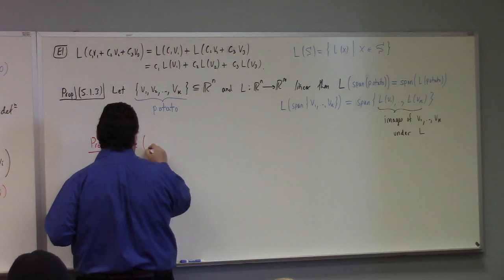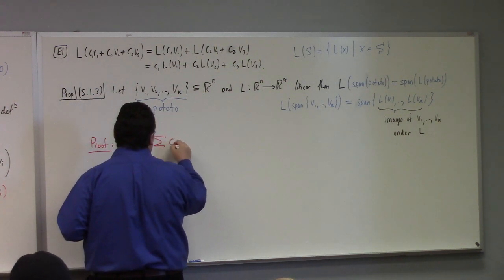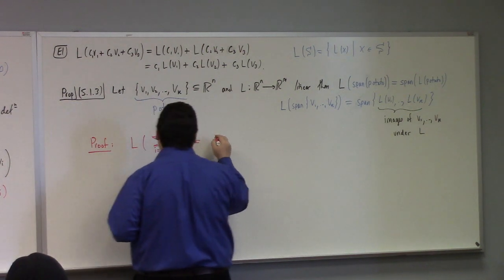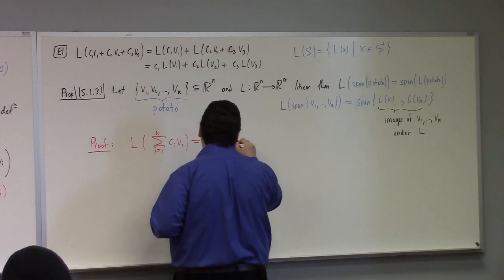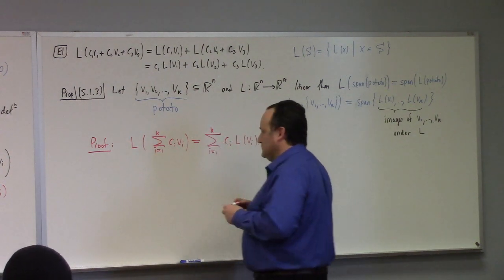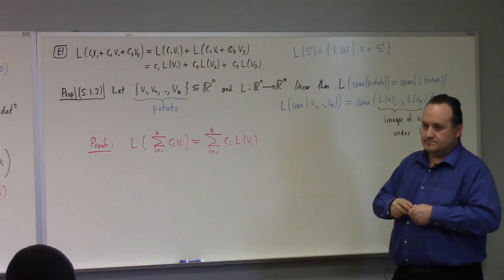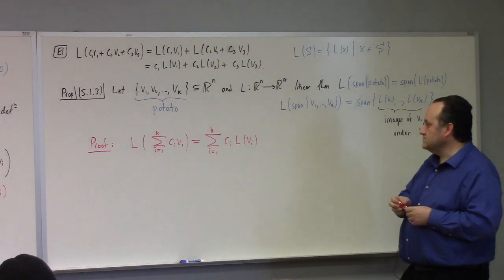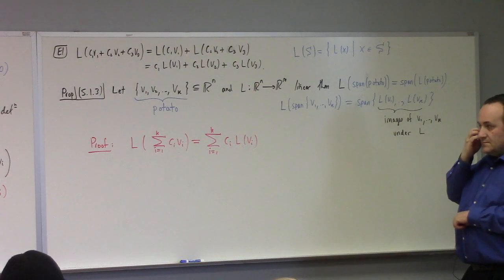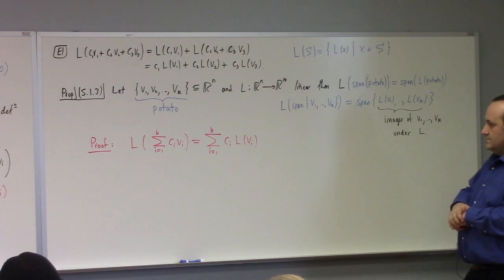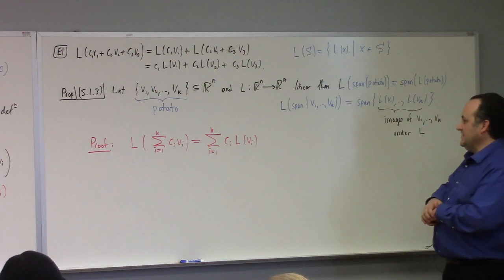If we have L of the sum of Ci Vi, i equals 1 to k, that's equal to the sum, i equals 1 to k, of Ci L of Vi. So basically, here's the deal.